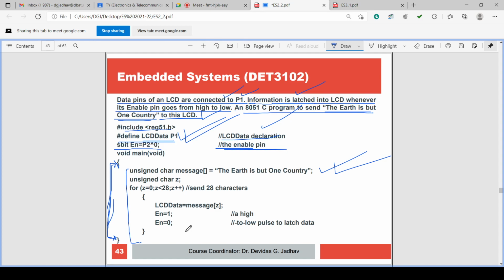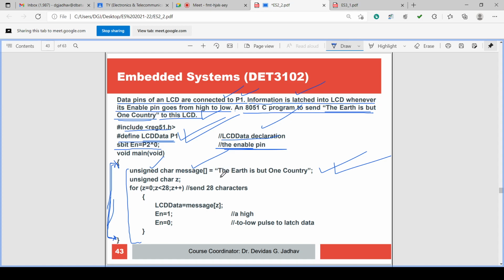त्याच्यात पहिल्यांदा काय डिफाईन केलेलं आहे, अनसाइंड कॅर मेसेज स्क्वेअर ब्रॅकेट ओपनिंग, स्क्वेअर ब्रॅकेट क्लोजिंग. अनसाइंड कॅर हा डेटा टाईप आहे. मेसेज हे ॲरेचं व्हेरिएबल नेम आहे. इक्वल्स टू डबल कोट मध्ये त्या ॲरेमध्ये काय स्टोअर करायचं आहे ते लिहिलेलं आहे.